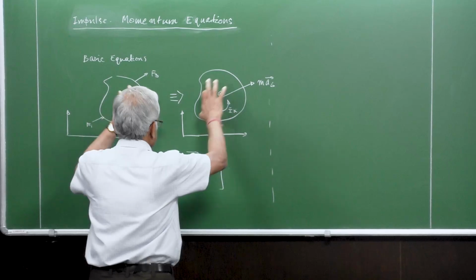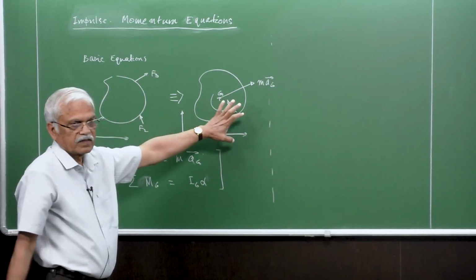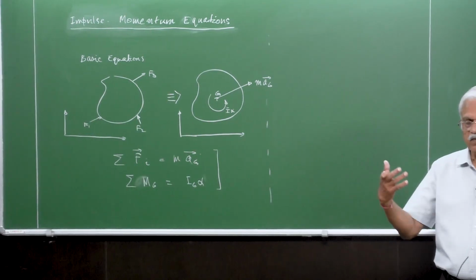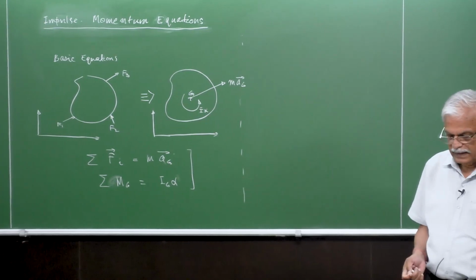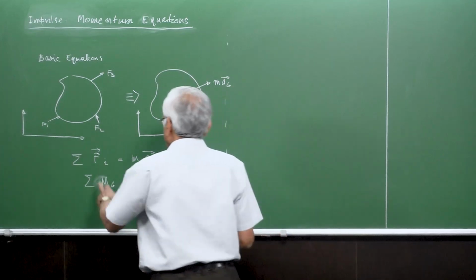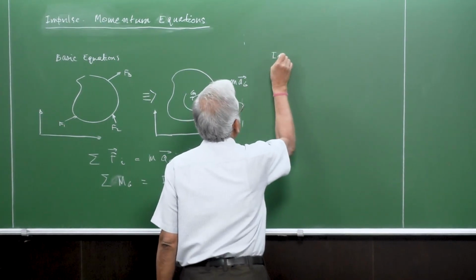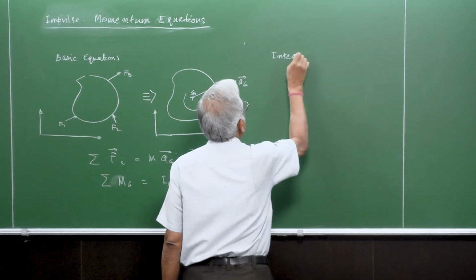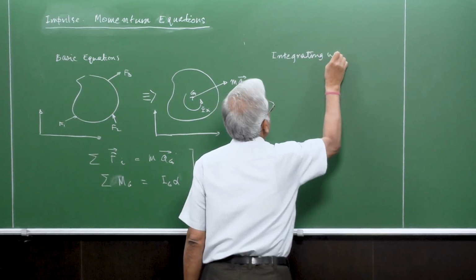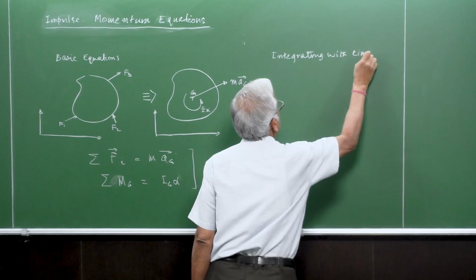So this is the instantaneous depiction of the dynamic equilibrium, and if there is a time interval, you would like to see the changes. So for that, we would like to integrate with time on both sides.